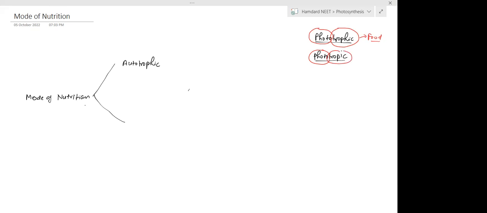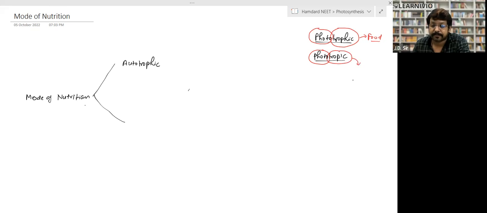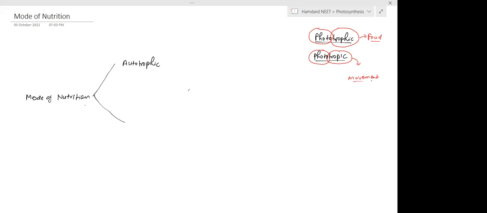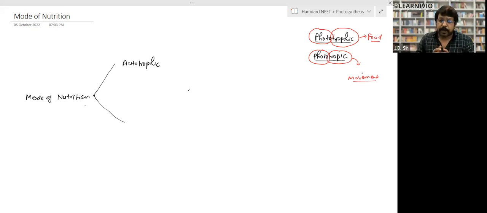Okay. The tropic term denotes movement. Okay. It means anything which is moving because of light, then we call it phototropic. So what is the practical meaning of both terms? When we say that plants are phototrophic organisms, T-R-O-P-H-I-C, it means plants are those which make food with the help of light.